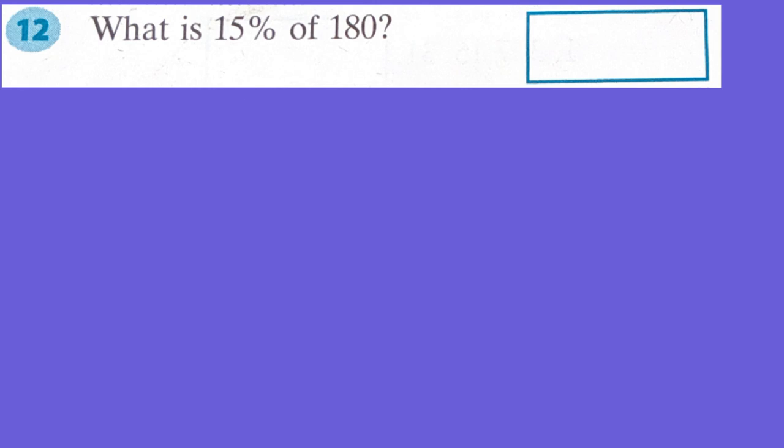Some percentages are easy to remember as fractions. So if I had 50%, that would be equal to a half. If I had 25%, then you'll know that that's a quarter. So it will be 1 over 4. And if we did 20%, then that would be 1/5 of 100.